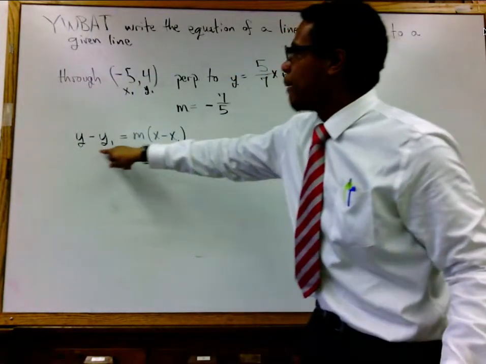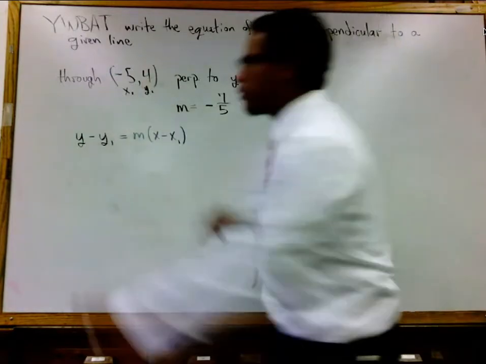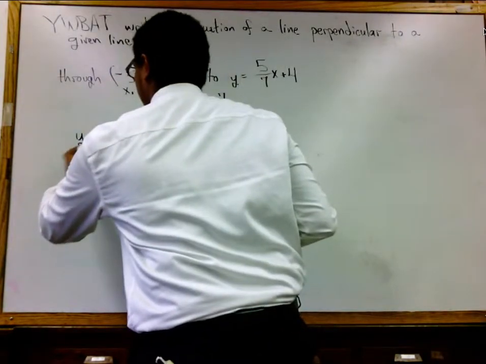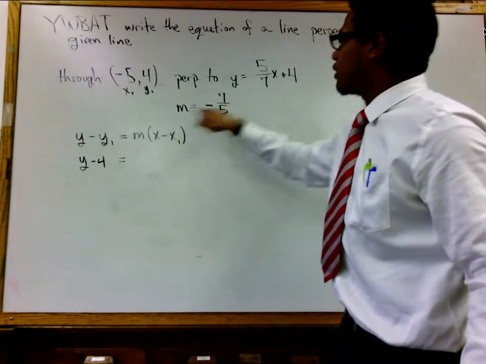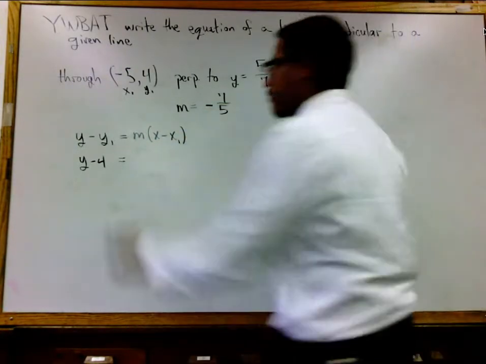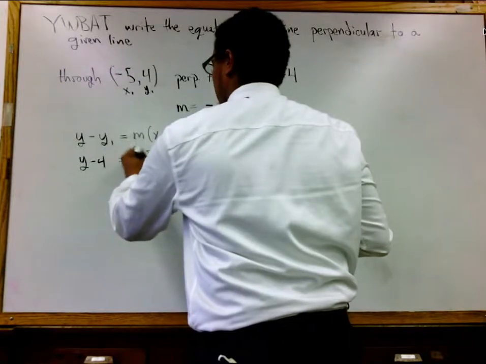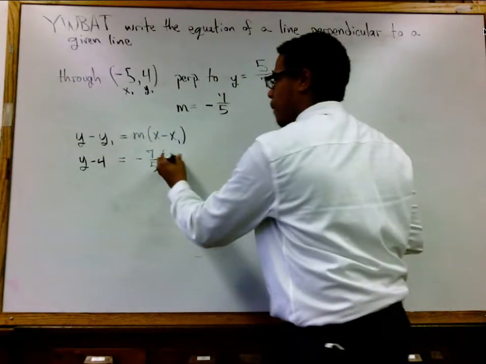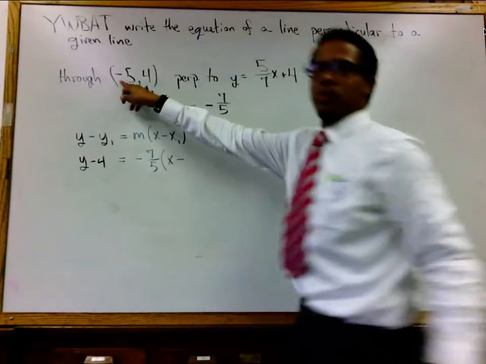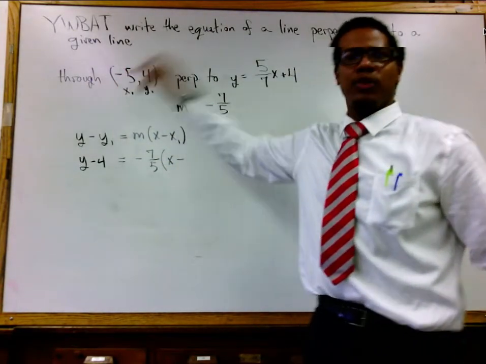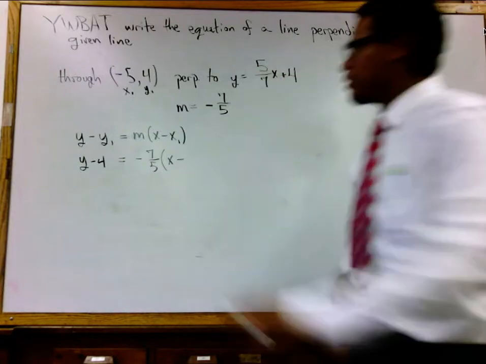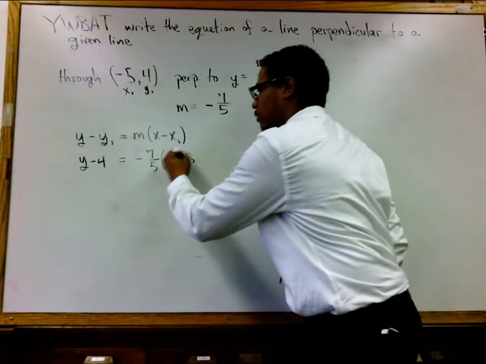So y minus 4 equals our slope, which is -7/5, times (x minus x1). Our x1 is -5, so x minus -5. When you minus a negative, that means you have to add it. So x plus 5.